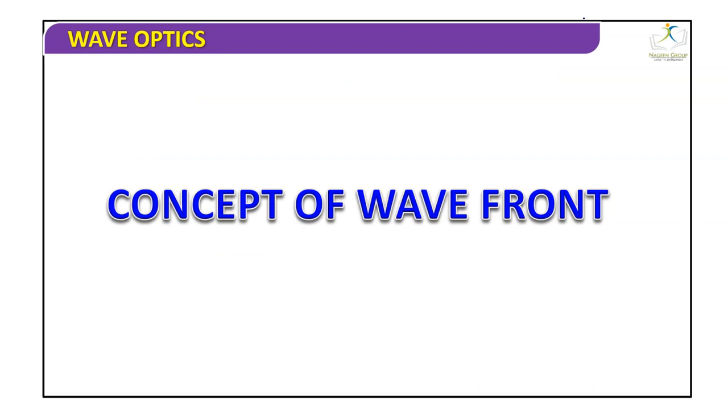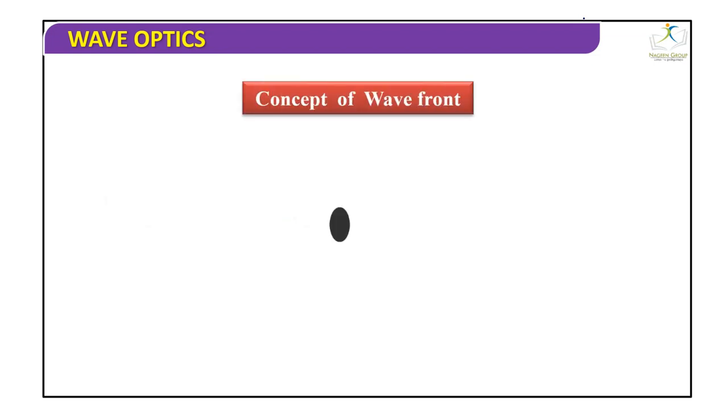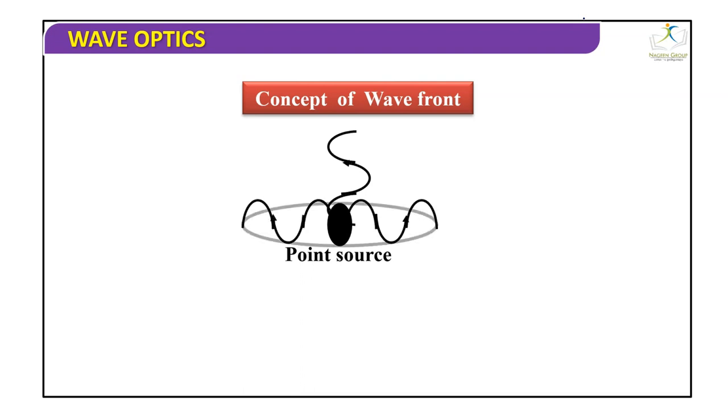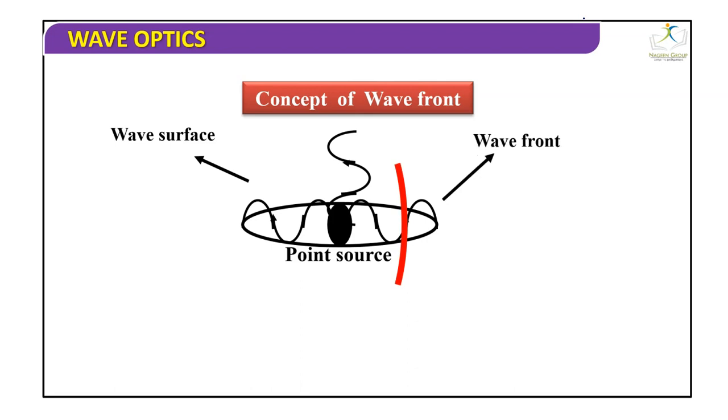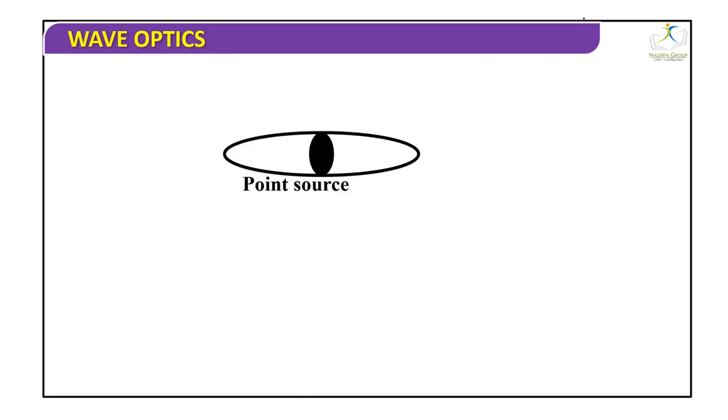So now we are going to understand what Huygens is actually saying, which is the concept of wavefront. This is a point source, and the point source has waves in all directions. Because of that, we say this is a wave surface, a wavefront.